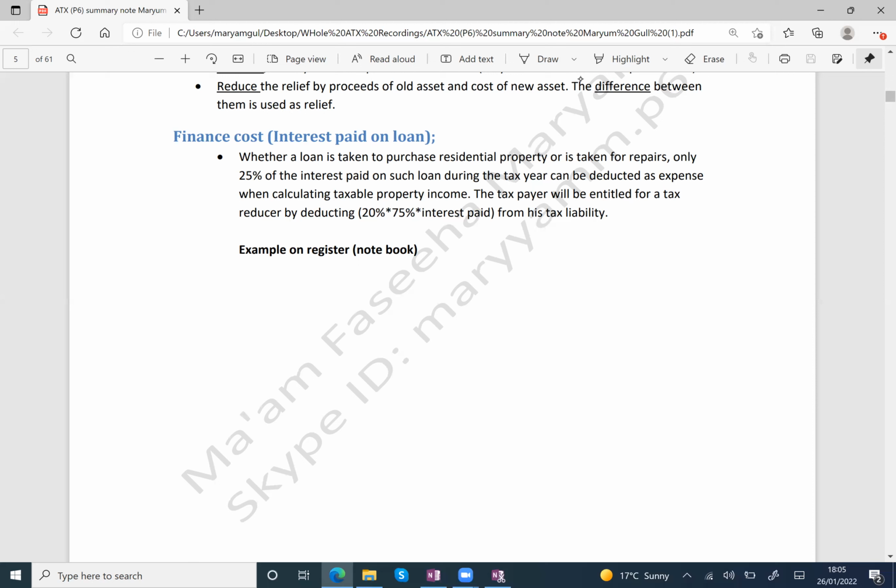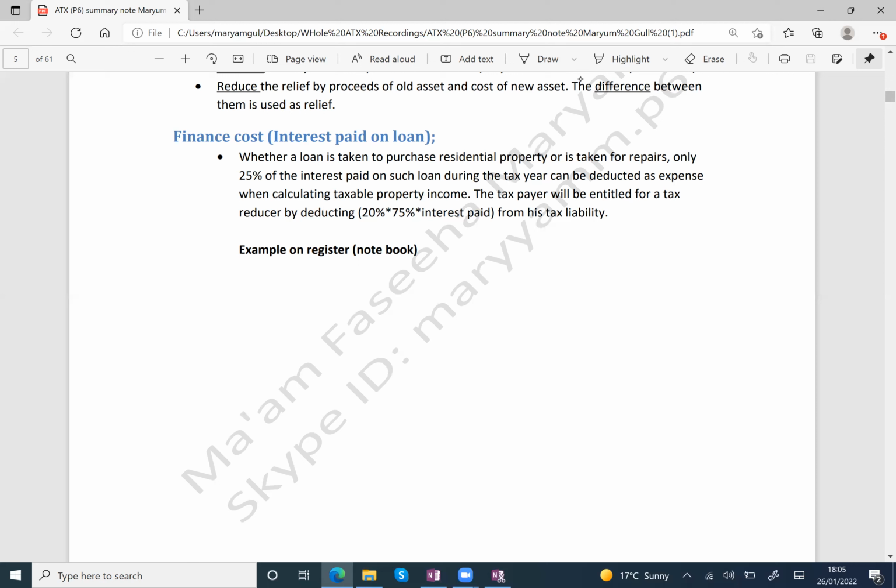Please see. For the tax year 2021, tax relief for 100% of finance cost in respect of residential property, such as mortgage interest, is restricted to the basic rate. Finance cost means the interest expense which you are paying on a loan.